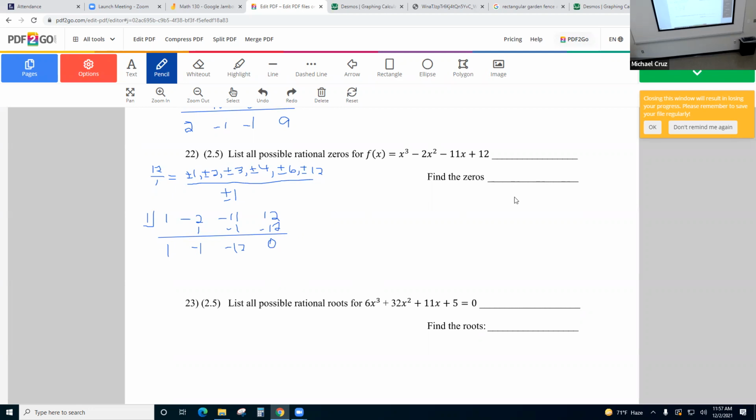So we know that one of them is 1 because it's a 0, right? And that means we've got that equation to solve, and this is easily factorable.